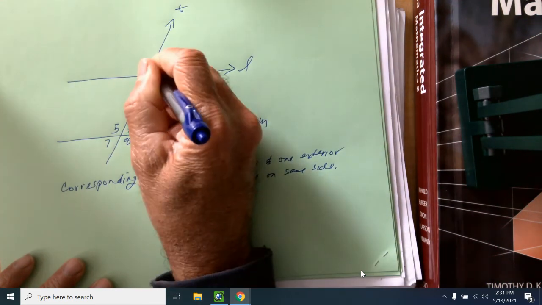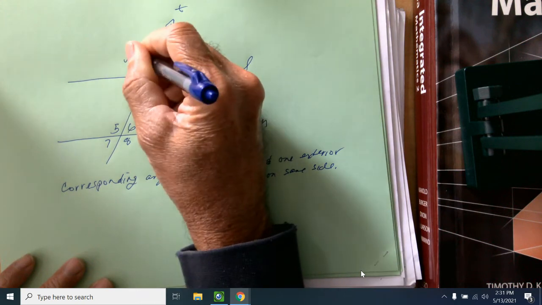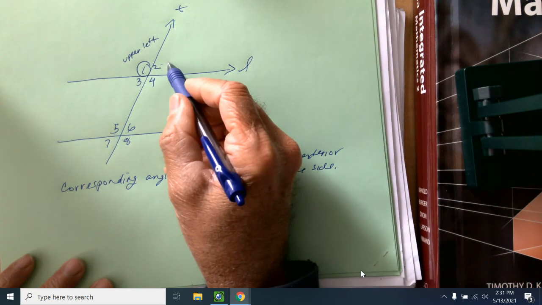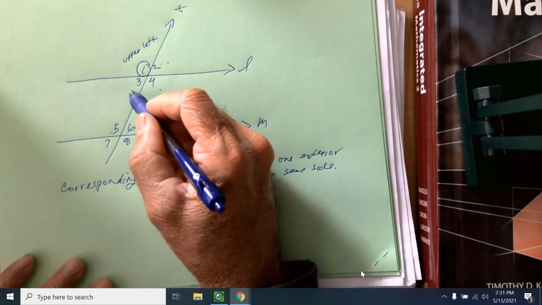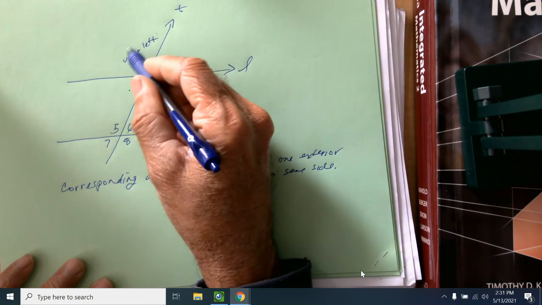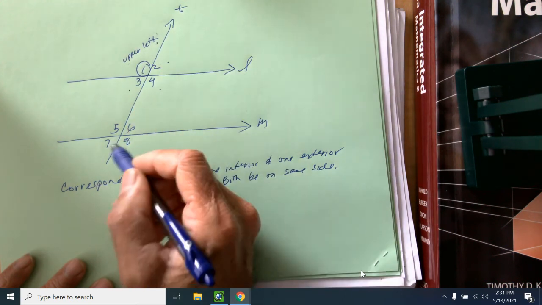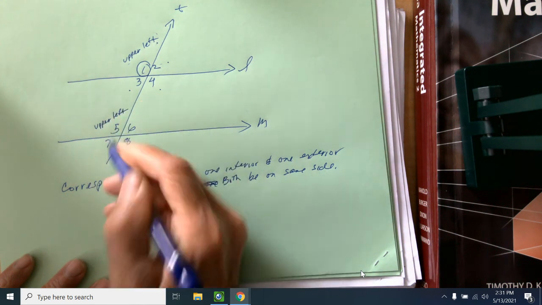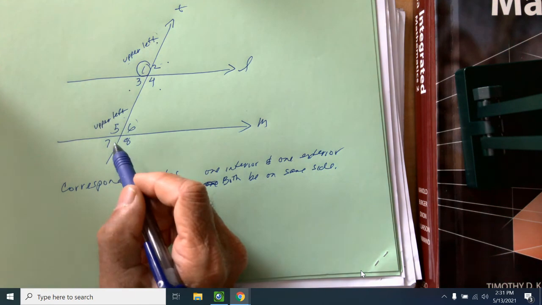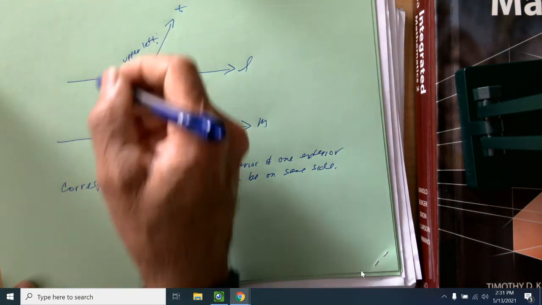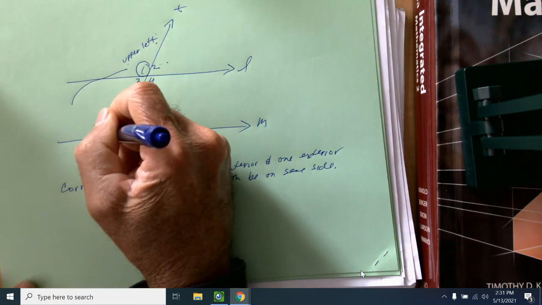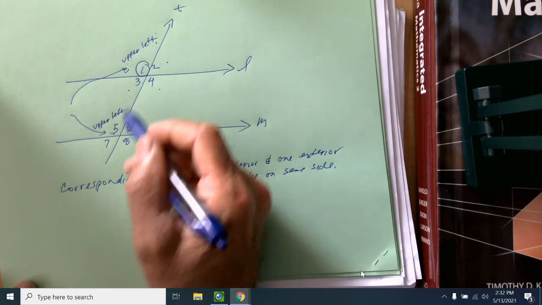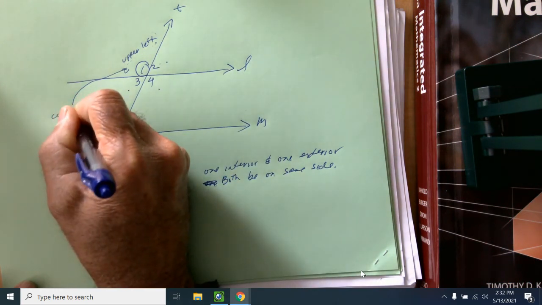Okay, so if we look at this right here, that's upper left, right? This would be upper right, lower left. So if we have upper left up here, we're looking for upper left down here. And out of these four, 5 is the upper left. So these two right here, both using the same description, that's corresponding.